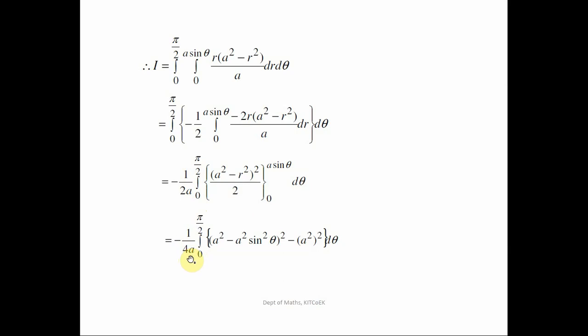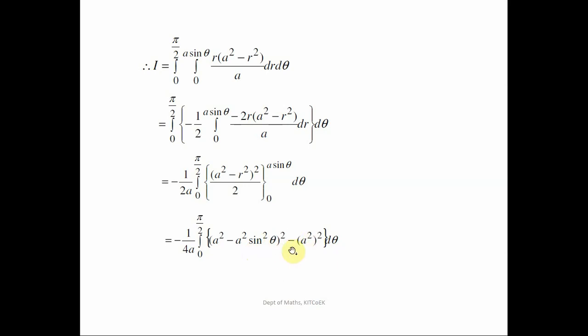And then from this expression, in these two terms, a square is the common factor, so it will become a square into 1 minus sine square, so that 1 minus sine square is cos square. So it is a square cos square bracket square, that will become a raised to 4 into cos raised to 4 minus a raised to 4 is there.